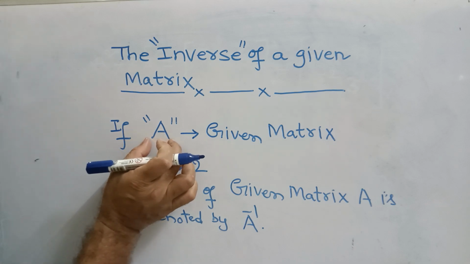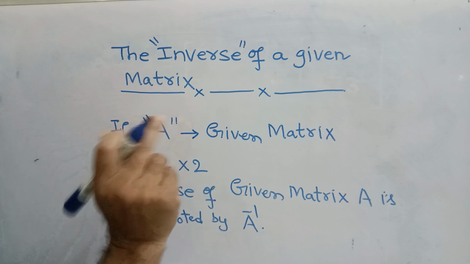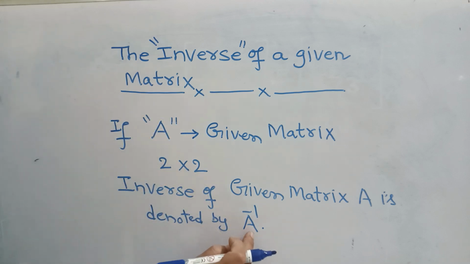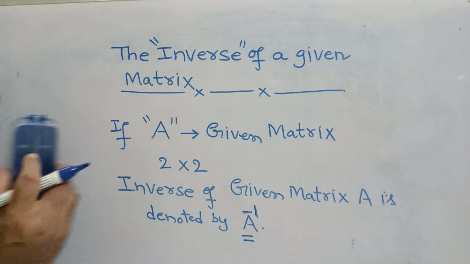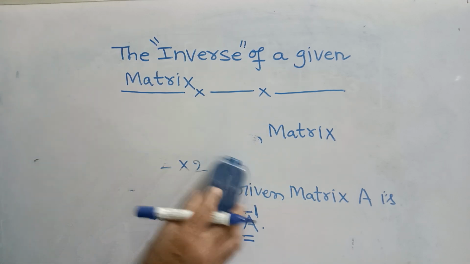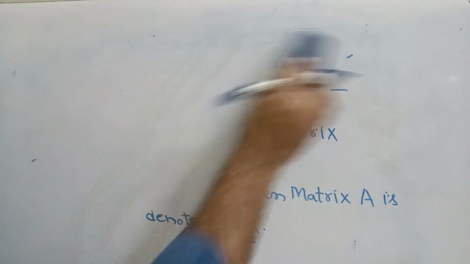If A is the given matrix, then the inverse of A is denoted by A with the power -1. You have to represent it like this, A inverse. There is a formula for that. I will explain the formula. It is very straightforward, nothing difficult in this, right?